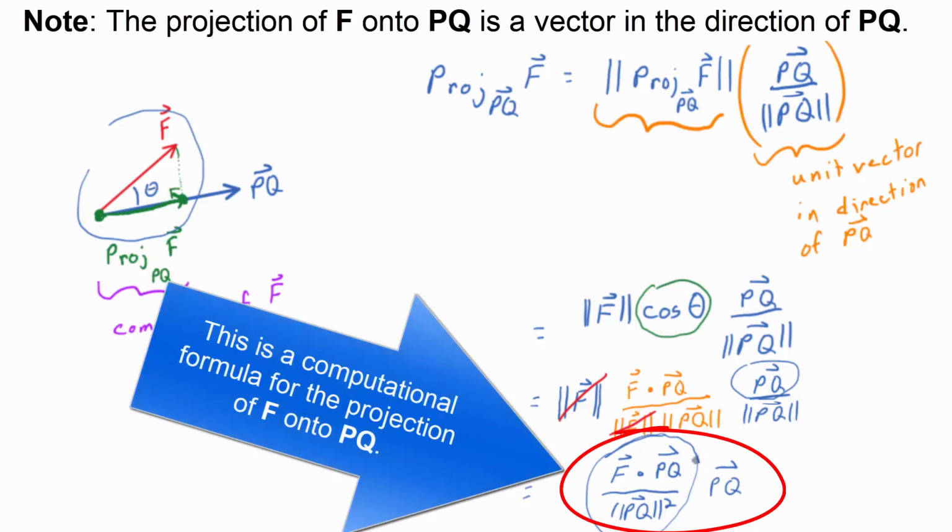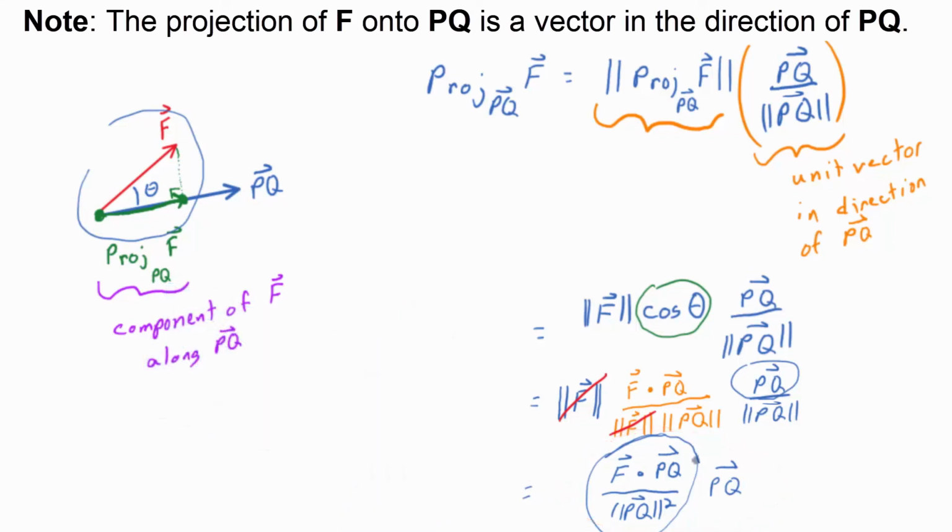Now, more generically, if we want the projection of u onto v, so v is taking over the role of PQ and u is taking over the role of F, what does this formula become? On top, u dot v. What goes on the bottom? What's taking over the role of PQ?